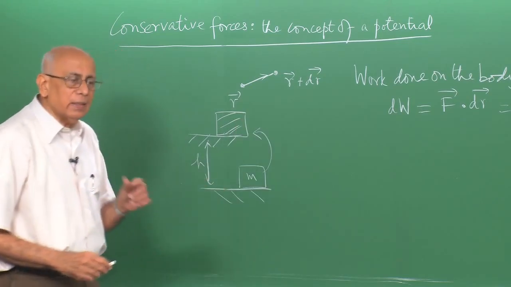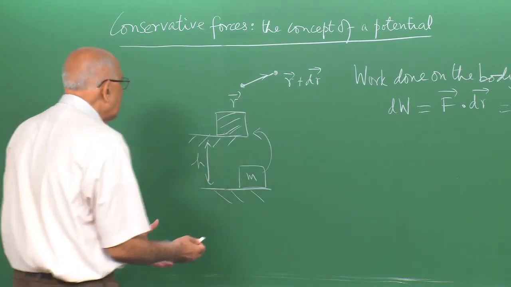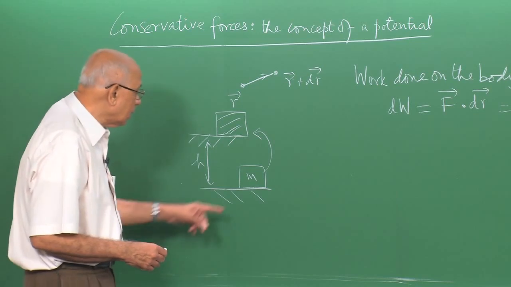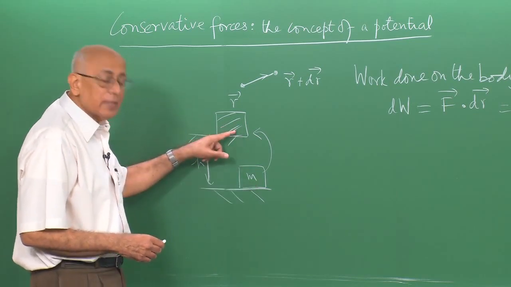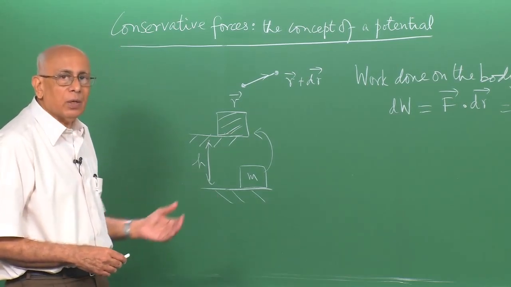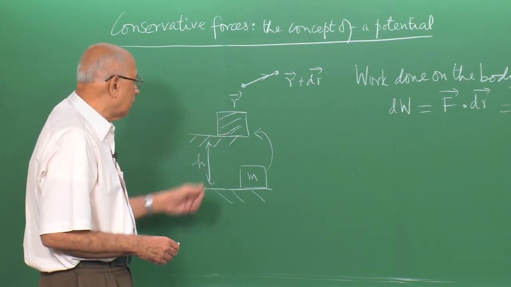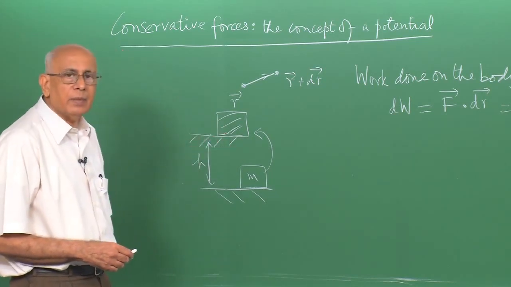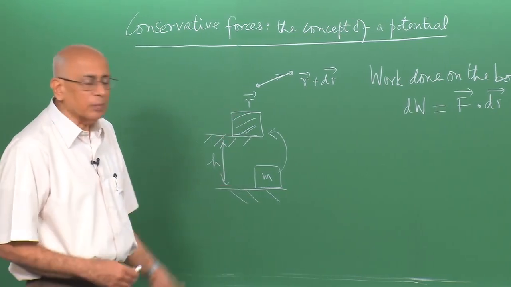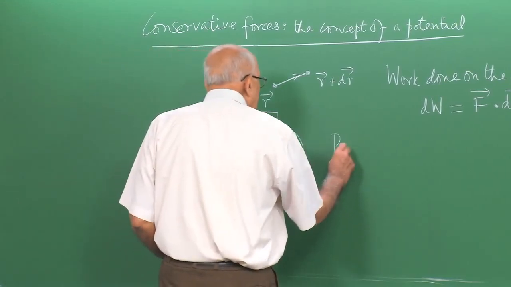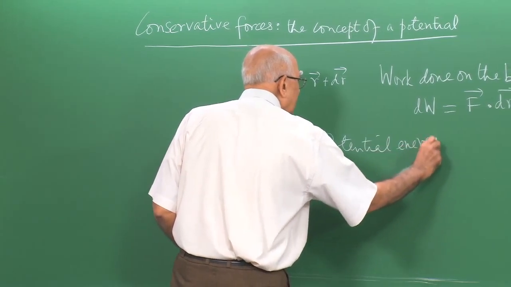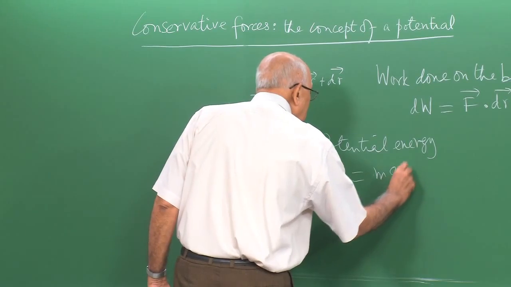I have done work against the gravitational field of the earth in lifting this mass up to a height h, and if I started at rest here and it is at rest at this point, then it is clear that the stored energy of this particle has increased by a certain fixed amount. In this case we know the answer, it is mgh, and this means that mgh is stored as energy in this system, and we say that the potential energy of this object in this case is equal to mgh.